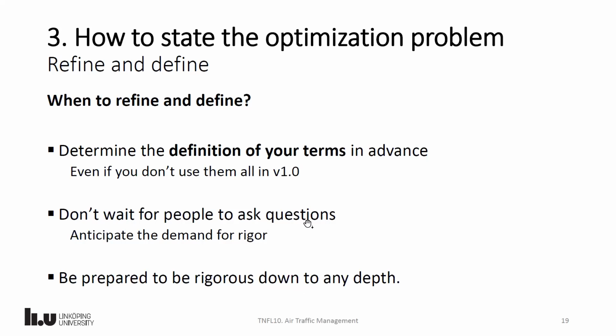But for projects where you know the people that you're going to be working with do not need this level of rigor, for example, talking with your colleagues about what you're going to do for the class project, you don't need to define everything in your version, or refine to a higher level.